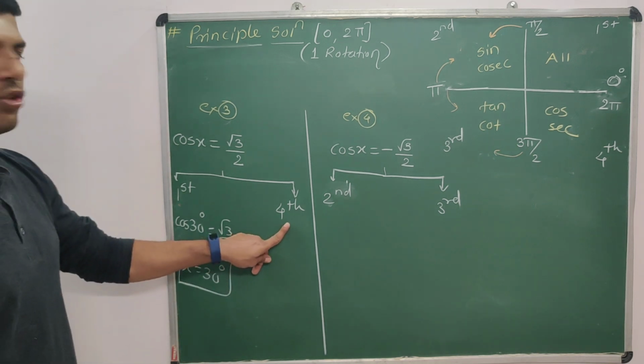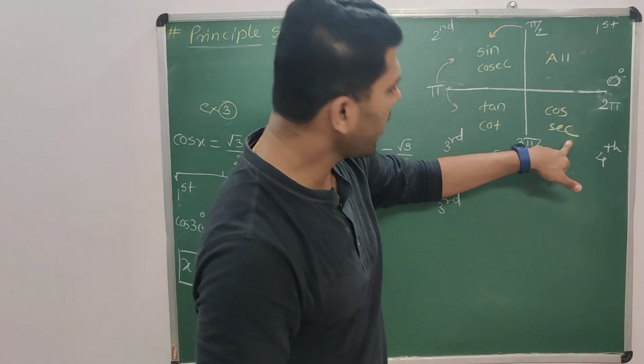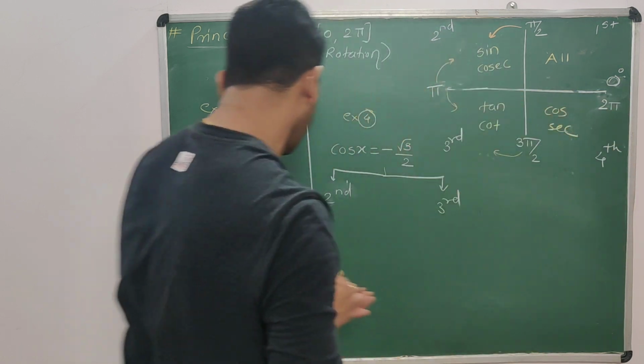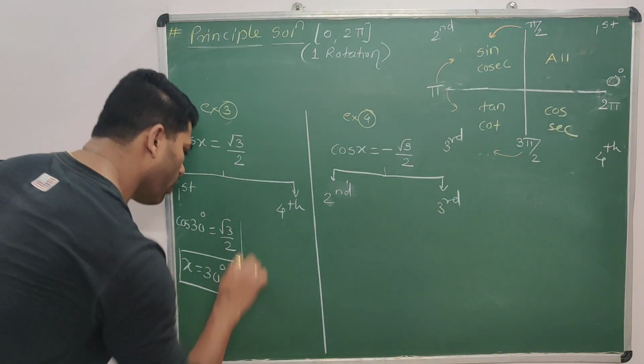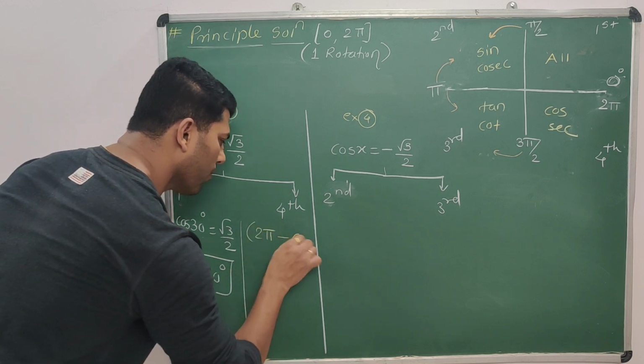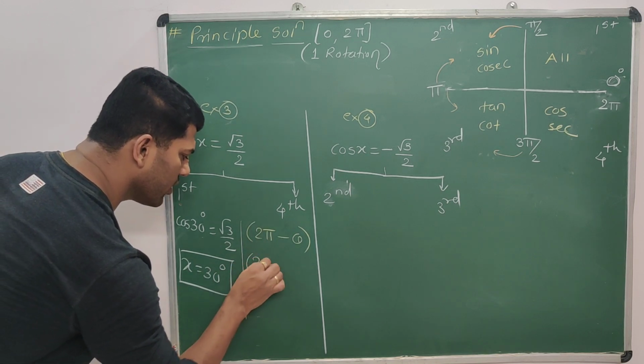Now, the solution which lies in the fourth quadrant. Tell me how to enter into the fourth quadrant. Enter into the fourth quadrant by 2 pi minus theta. To enter into the fourth quadrant, please select the allied angle 2 pi minus theta. Right? And 2 pi means 360.